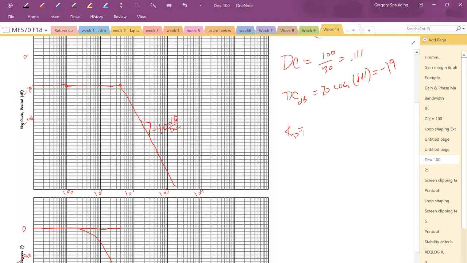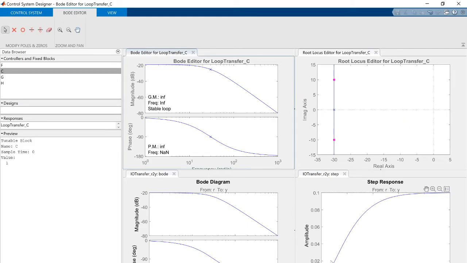By increasing the gain, of course, we're going to go up and down with this, and so we could shove it up. But we also know that what's going to happen from our root locus is that we're going to create a more unstable system, and we probably have some high frequency stuff out there that's going to be problematic at some point. Let me bounce over here to a SISO tool.